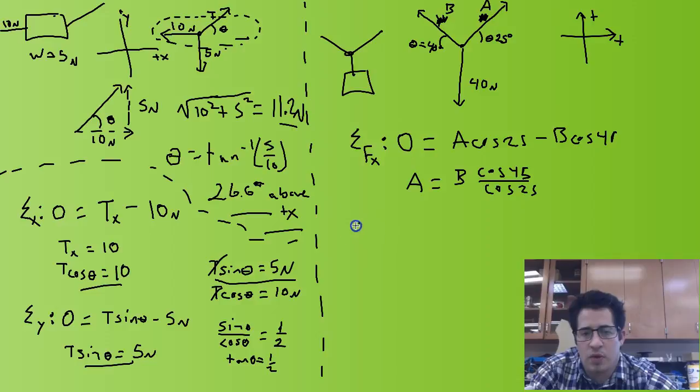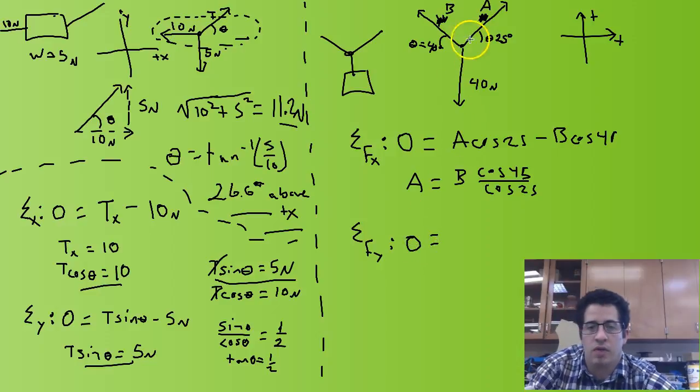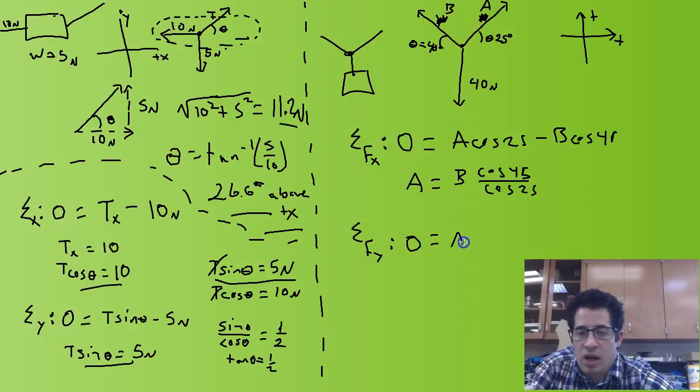And then for the sum of the forces for y, we'll say, okay, it's balanced, so it's going to have to equal 0. Okay, the net force is equal to 0. And so we have upward A_y, or A sine 25, and we have upward B_y, the y component of B, so plus B sine 25. And then we have this downward 40 newtons, so minus 40.